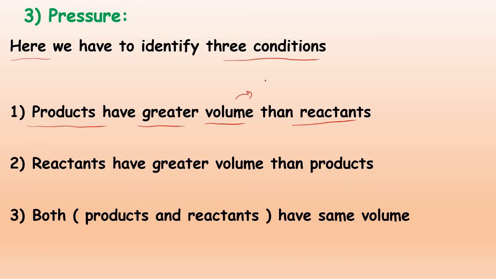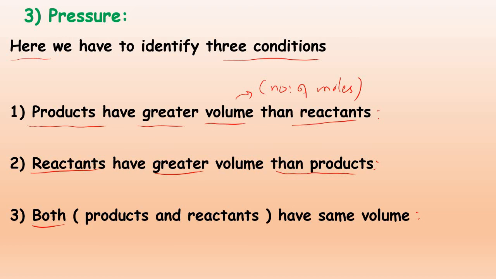Volume you can identify with the help of the number of moles, right? And the second point is that reactants have greater volume than the products, right? And the third point is that both products and reactants have the same volume. On both sides, the reactants and the products, the volume or number of moles is the same. So we have to initially find which one of these 3 possibilities applies, right?